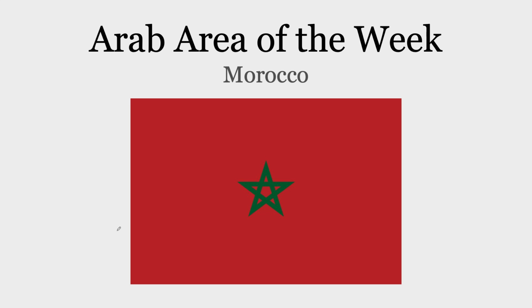This flag means the red is bravery and strength. The green is the color of Islam, and the star represents the pentagram of the Seal of Solomon, and it also has 5 points, which represents the 5 pillars of Islam.